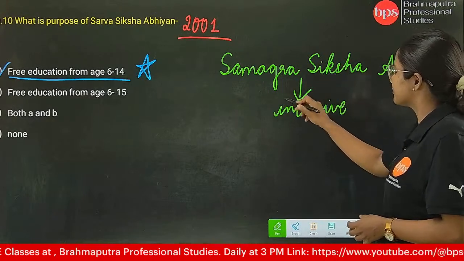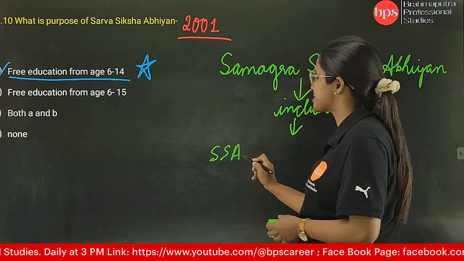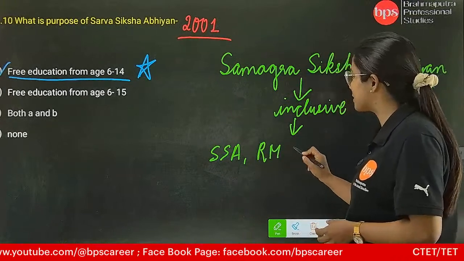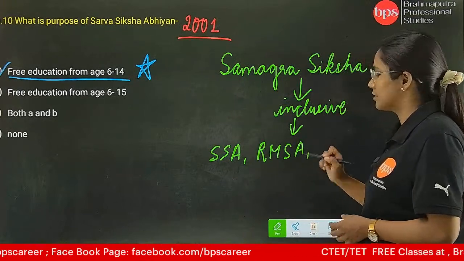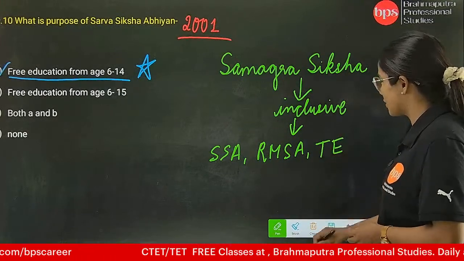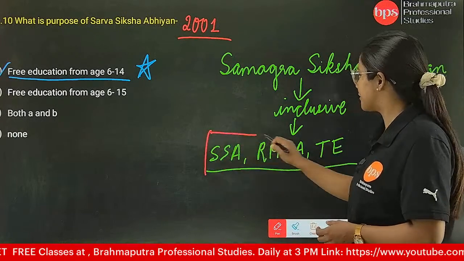Inclusive of what? Inclusive of Sarva Siksha Abhiyan SSA and RMSA, Rashtriya Madhyamik Shiksha Abhiyan, and teachers education. Okay, this is very important. I will mark it here in red.